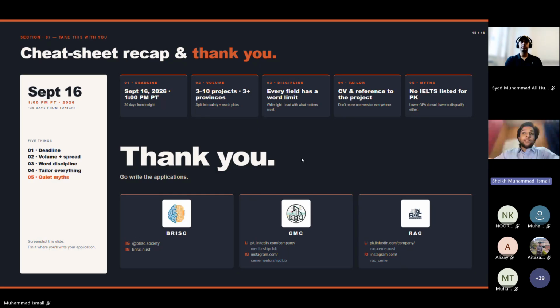And every single field on that application has a word limit, so write tight and lead with whatever matters most. Tailor your CV and your reference letter to the actual projects you are applying to, and do not reuse the exact same version everywhere. And finally, there is no IELTS requirement listed for Pakistani applicants, and our GPA does not have to be disqualifying either, as long as the rest of your application genuinely shows why you are a fit.